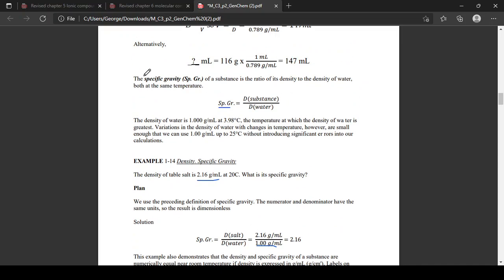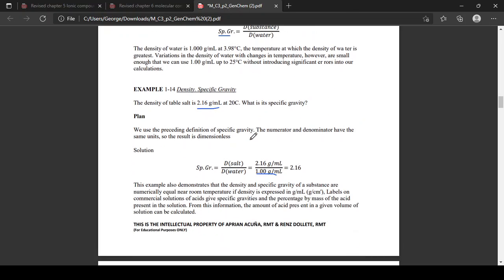First, density of water, kids, is always 1.00 grams per ml at 3.98 degrees Celsius, the temperature at which the density of water is greatest. Variations in the density of water with changes in temperature, however, are small enough that we can use 1.00 grams per ml up to 25 degrees Celsius without introducing significant errors into our calculation.